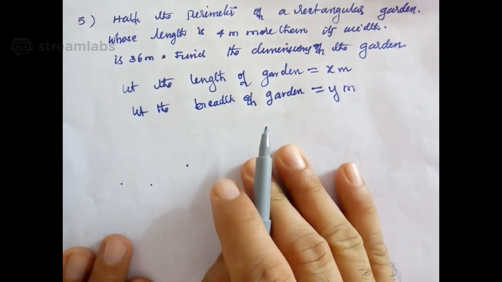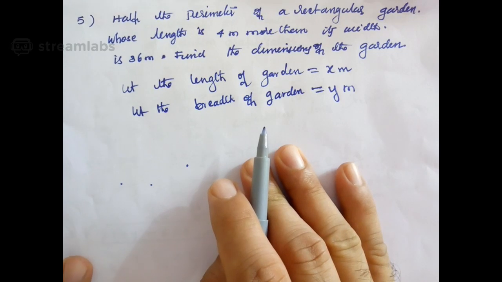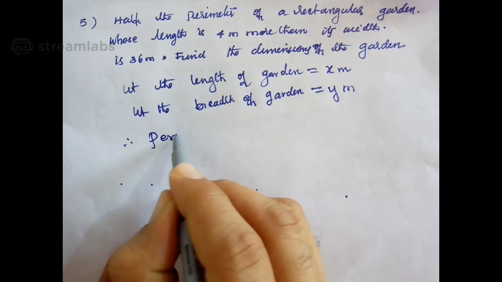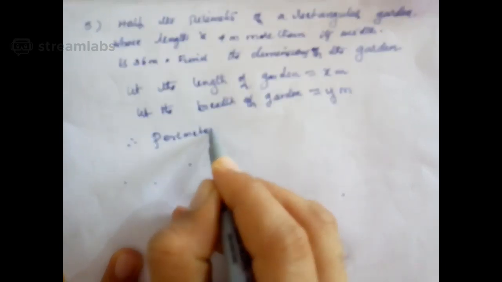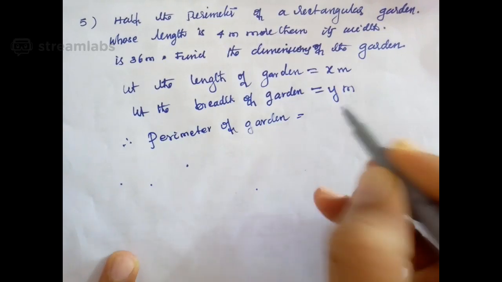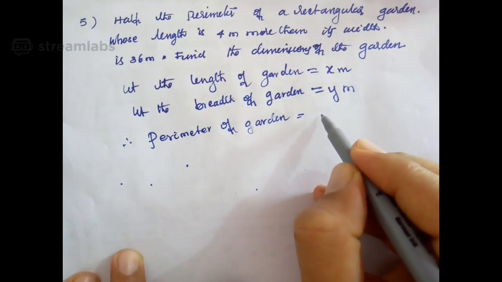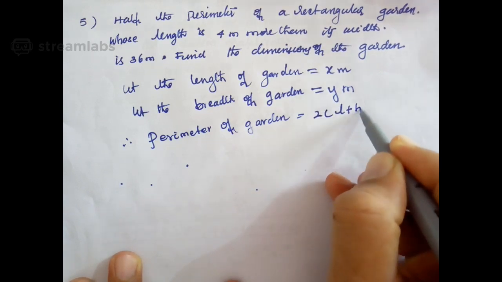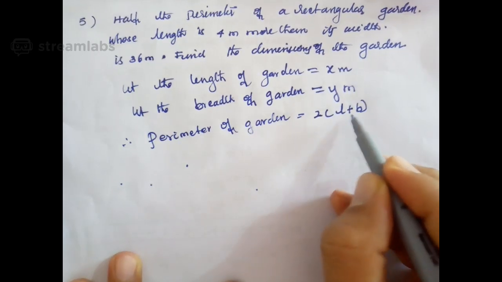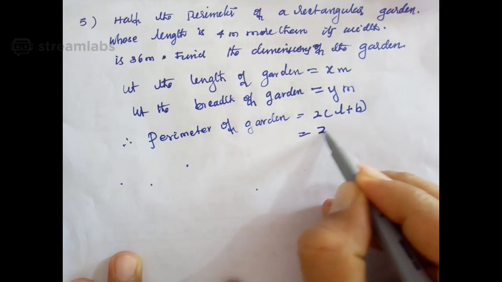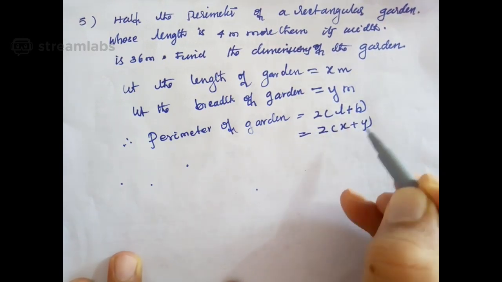Length of garden be x meter and breadth of garden be y meter. Therefore, perimeter of garden is what? What is the perimeter of a rectangle? Perimeter of rectangle is twice length plus breadth. This is the formula to find perimeter of rectangle. 2 into L plus B, that is 2 into x plus y.